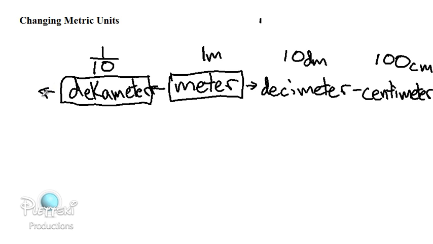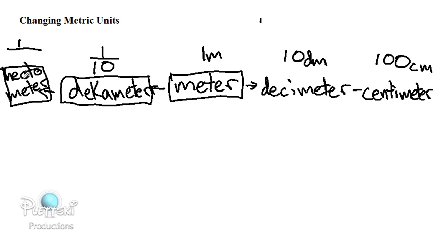And then to the left of that, we're going to put a hectometer. A hectometer. And I'm just using 2 lines to write this, but it's all one word. Hectometer. And a hectometer is actually larger than a decameter.